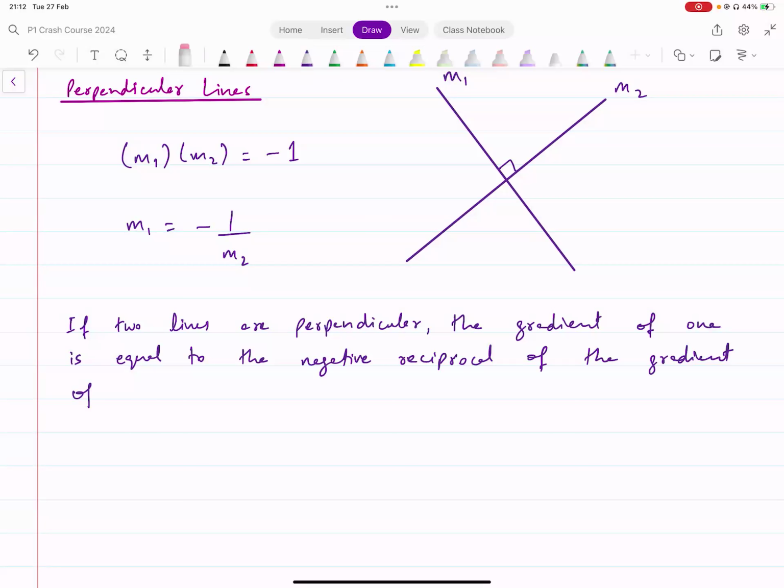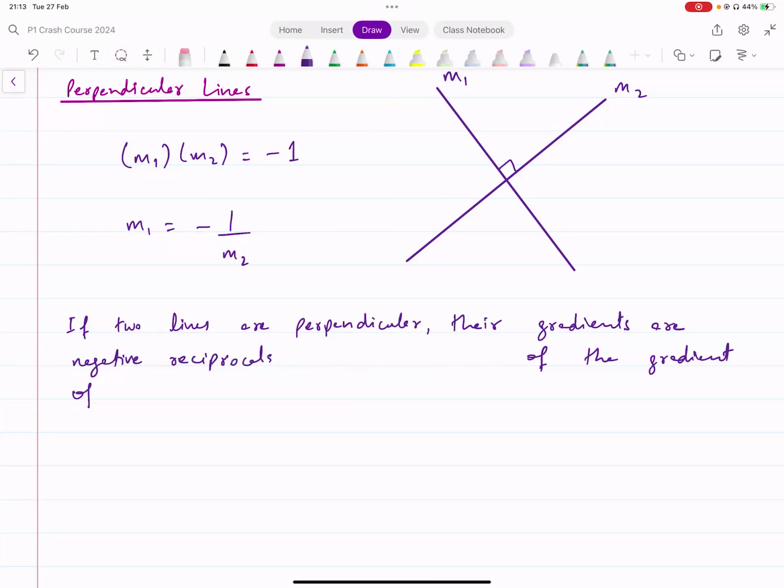Or in short, you could also write it briefly like this: their gradients are negative reciprocals of each other. If two lines are perpendicular, their gradients are just negative reciprocals of each other. That's how you understand this statement in words.